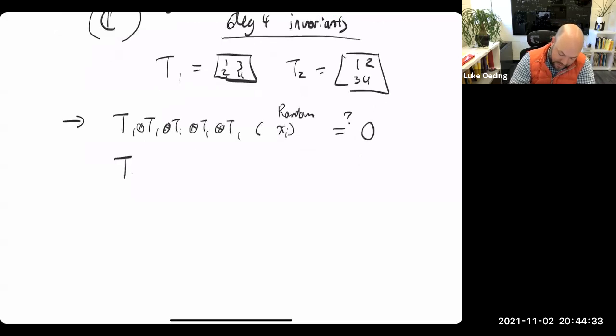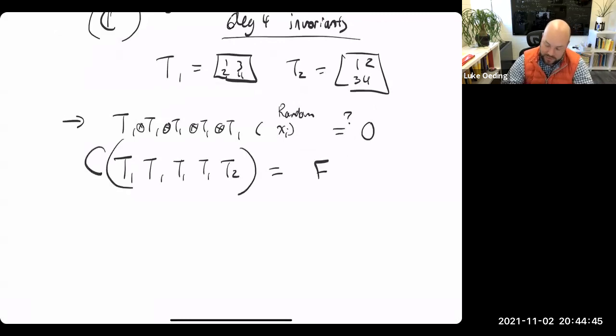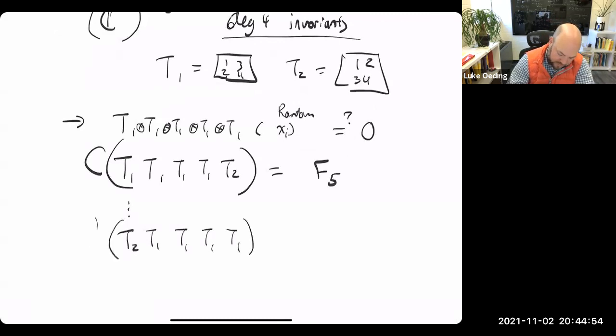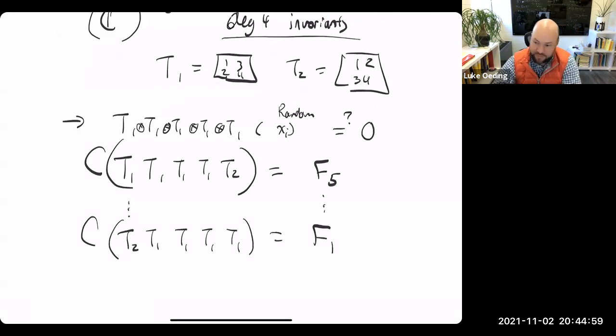Then it turns out that if you do all the same, except for one, we'll call this F, sort of the Young symmetrizer associated with all these tableaux. We'll call this F5, and then T2, T1, T1, T1, T1, call this F1. Okay, so I have a 5-dimensional space. It turns out that these are in the space of invariance.